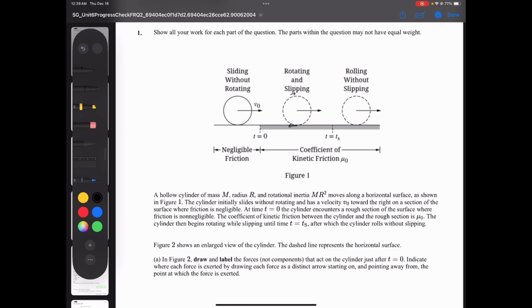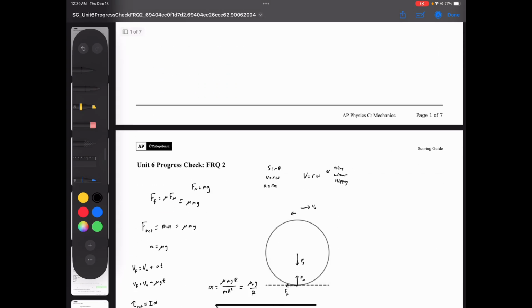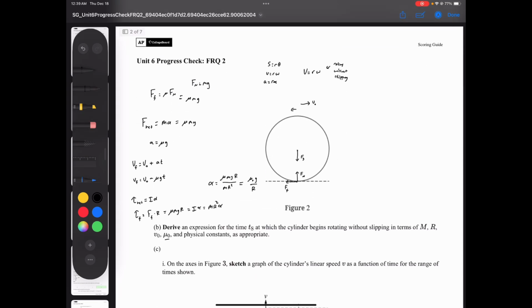Then it reaches a point where the tangential velocity at the surface of the cylinder is equal to r times omega. This is true only when it's rolling without slipping. So the v equals r omega, I'm going to use that in order to solve this problem.